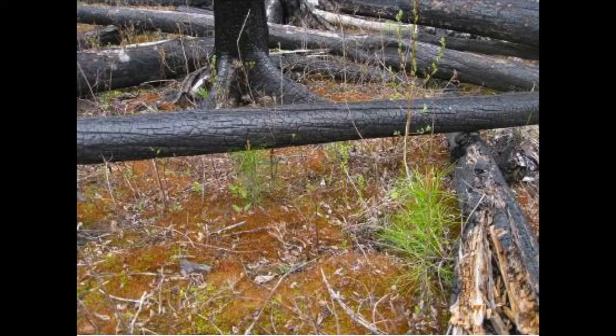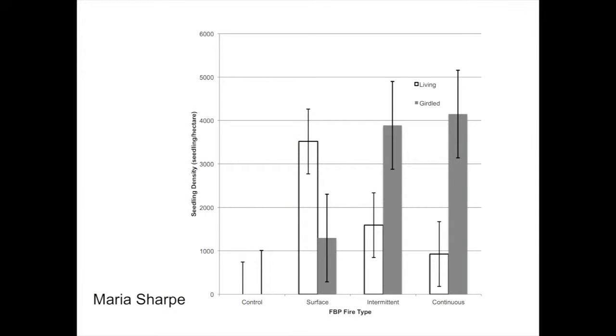But yet when we did surveys of the regeneration on these systems, we found that actually the continuous fire did pretty darn well when you had girdled trees. These are the girdled ones that are the gray. We actually have the best results here, where I would have expected that most of the cones, much of the seed would have been lost.